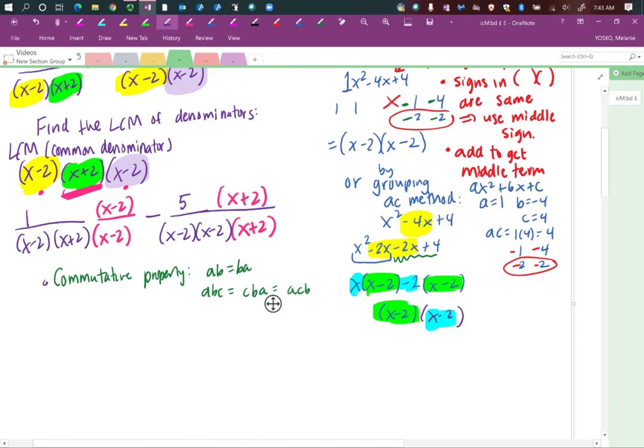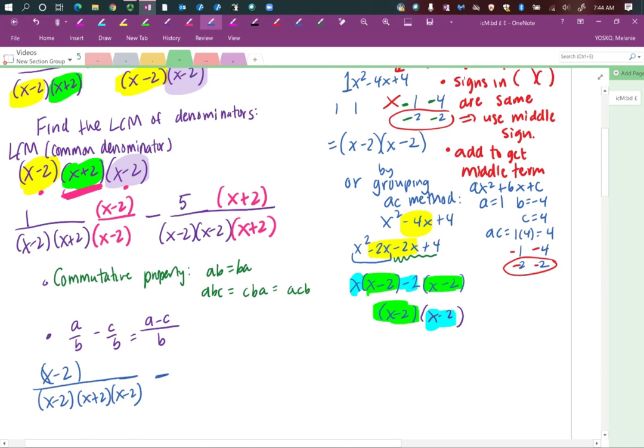So again, we have a rule that says if you have A over B minus C over B, if they have the same denominator, rewrite that denominator and combine the numerators. So we end up with x minus 2 times x minus 2 times x plus 2 times x minus 2 minus 5x plus 10.